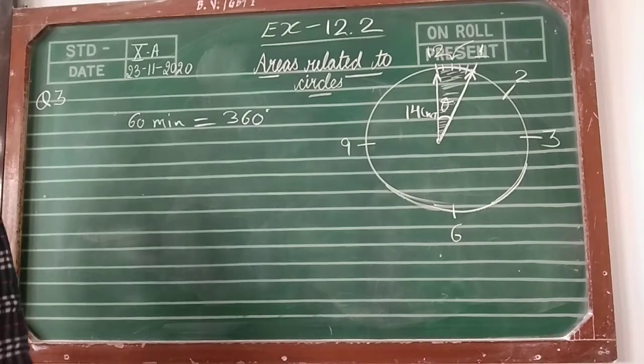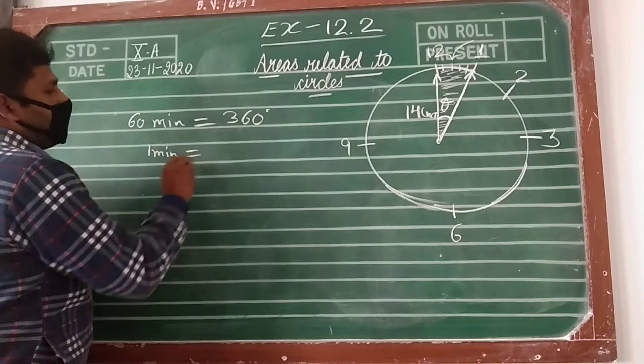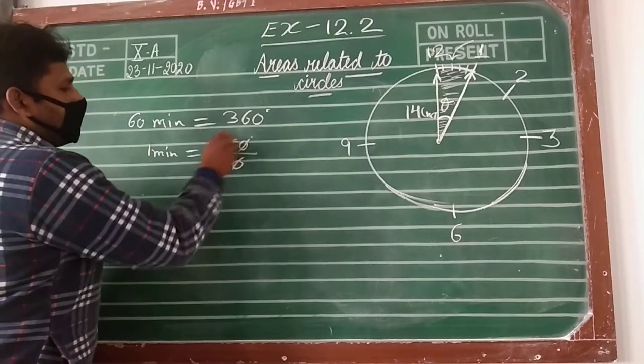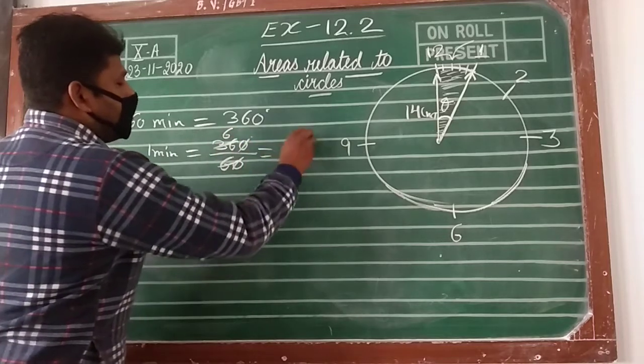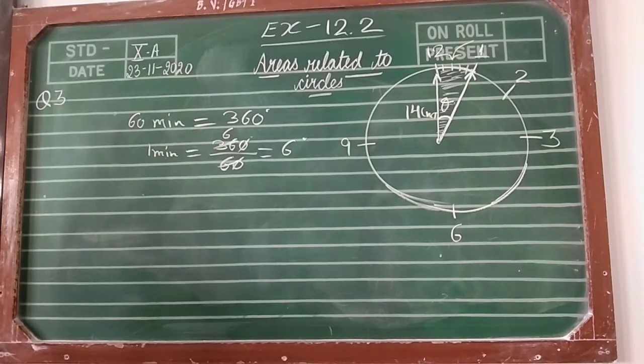And what we have to find? In 1 minute. In 1 minute we are finding 360 upon 60. We are getting 6. Means in 1 minute, the minute hand covers the angle of 6 degrees.